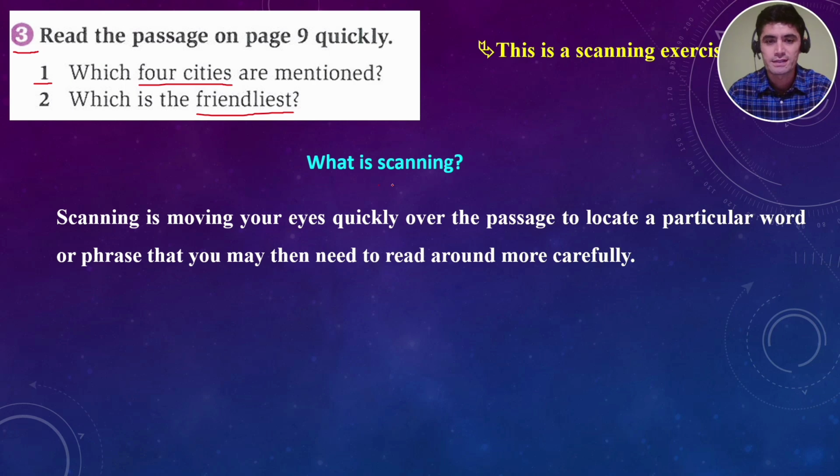We can do this scanning activity to find 4 cities in the text. We don't have to read the whole text. We just roll our eyes over it to find 4 cities. Next we will try to find the friendliest among those 4 cities. So let's go back and find those 4 cities first, and then we'll find the friendliest one.